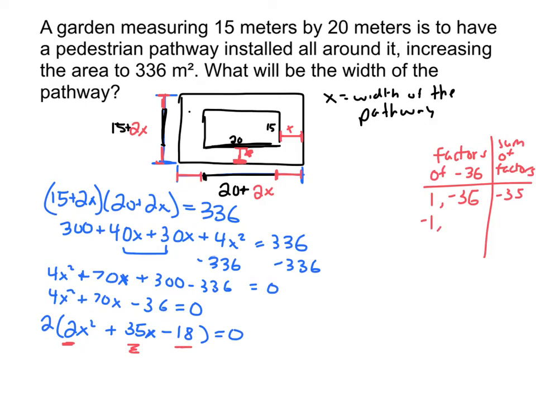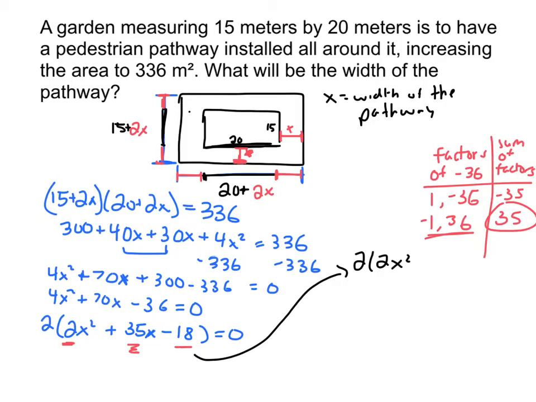What about negative 1 times 36? If I add those two together, I get positive 35. So that's the one I want to go with. I'm going to move this equation up here because I ran out of room. So I have this 2 times 2x squared.